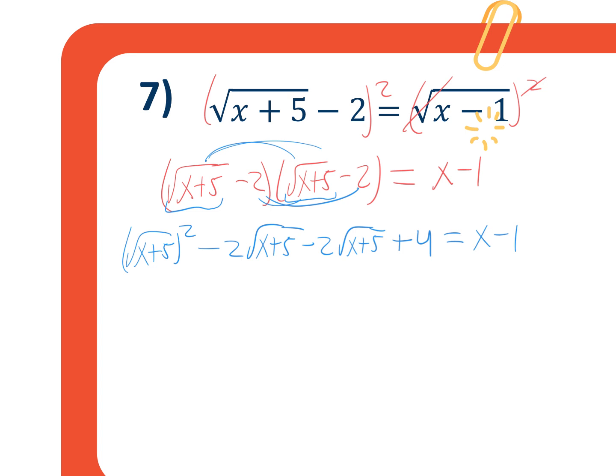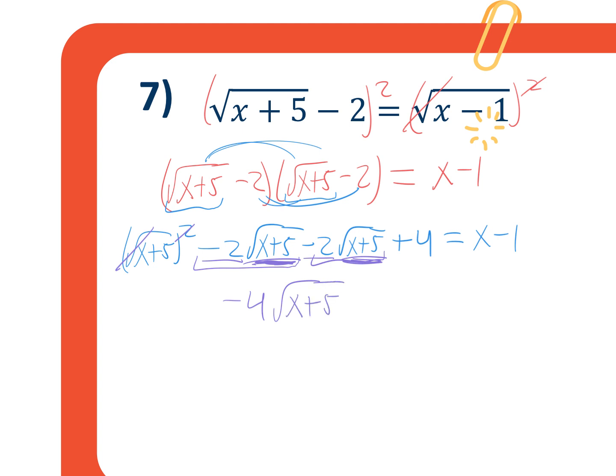All right, so over here, the square root and the square are going to cancel out. You can also combine like terms here, because you have a square root of x plus 5 and a square root of x plus 5. Negative 2 minus 2 is going to get you a negative 4. So again, treat this as a term, the square root of x plus 5, and when you combine them, you can just combine the coefficients.